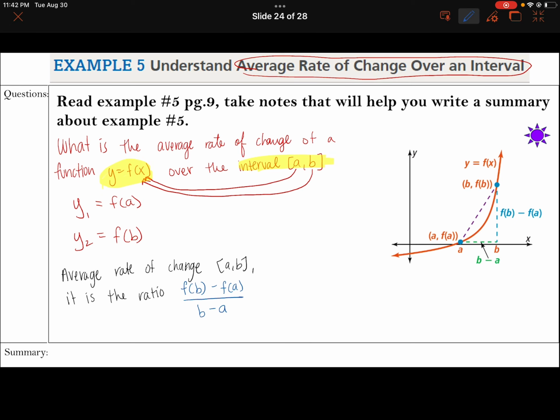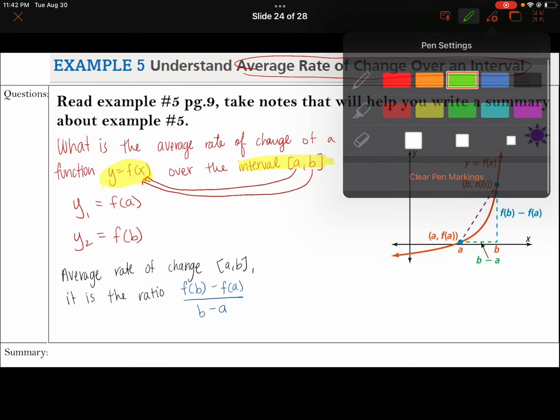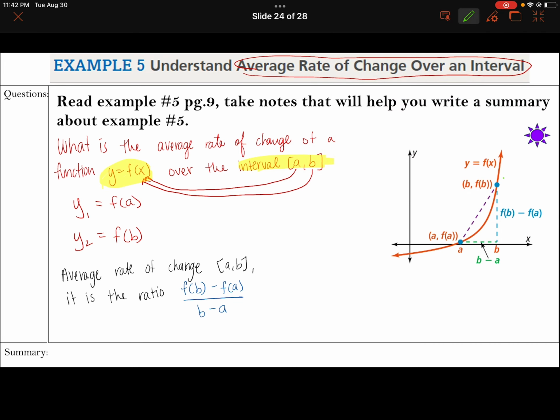So this is the same thing as rise over run. So this is the same thing as finding the slope. So this is like finding slope between 2 points.